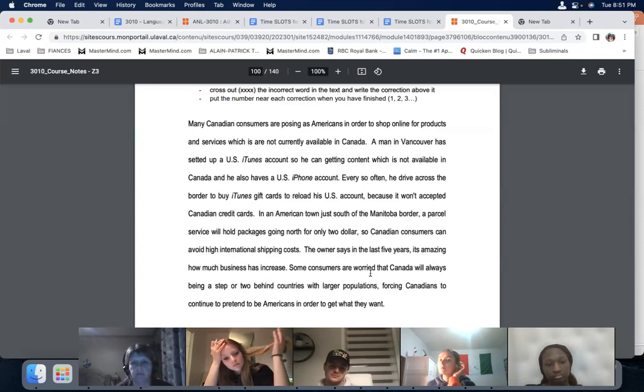There's only 10 errors, and you might get to the middle of the paragraph and say, oh my God, I have already found 10 errors. Do you understand that? And do you realize that's a problem? That means you found errors that were not errors. And there are more errors in the second half of the paragraph.